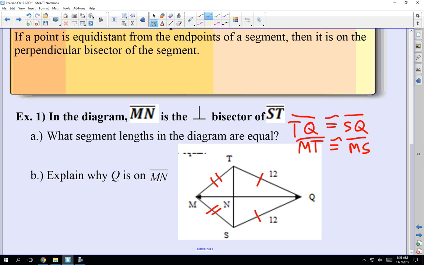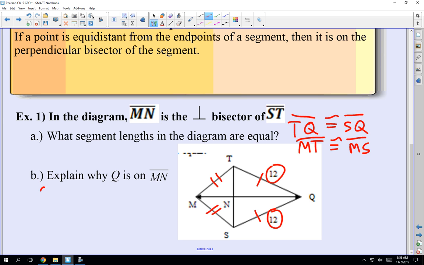It says explain why Q is on MN. How do you know Q is on MN? Well, this is using the converse. It's based on the fact that these distances are the same. Okay, so I know Q is on MN because it is an equal distance from points on the perpendicular bisector.